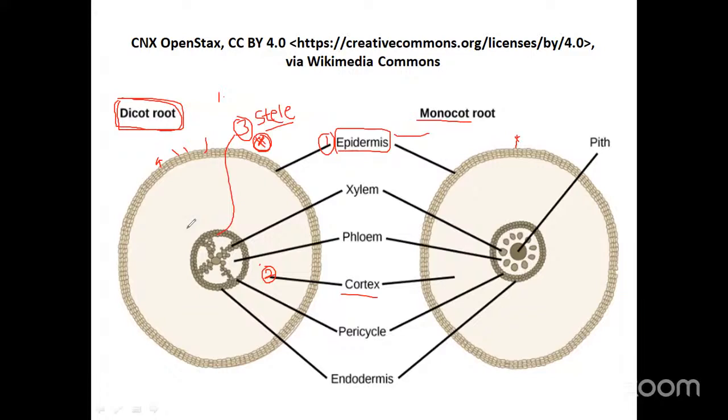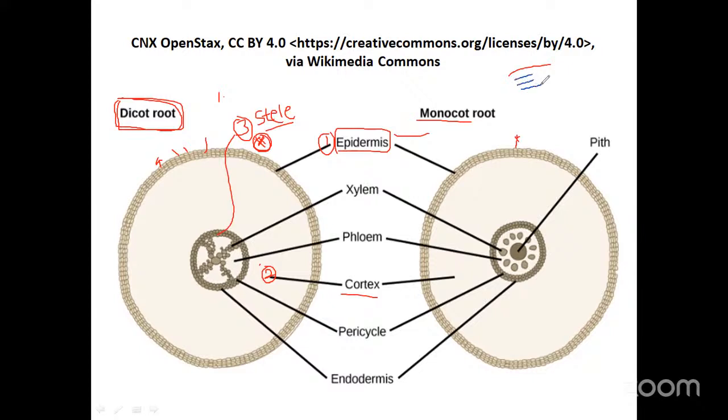The endodermis cells opposite to protoxylem have no Casparian strip because, for example, here is the epidermis. Let's change color. Blue color is the cortex layer.